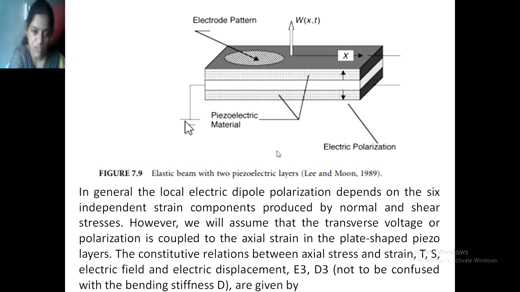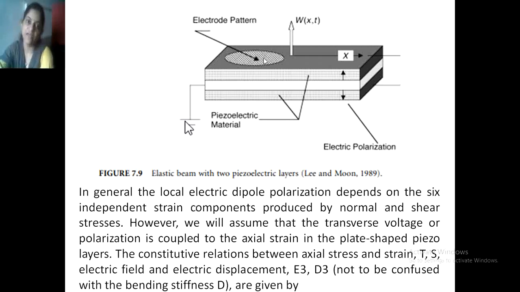So the constitutive relations between axial stress and strain, that is T, and electric field and electric displacement, E3 and D3, are given by, so here the elastic beam with two piezoelectric layers is shown.